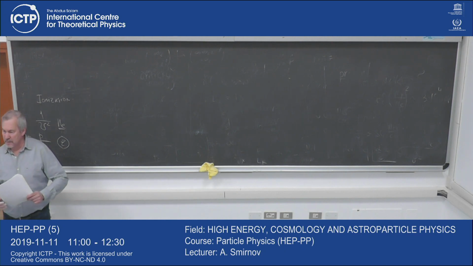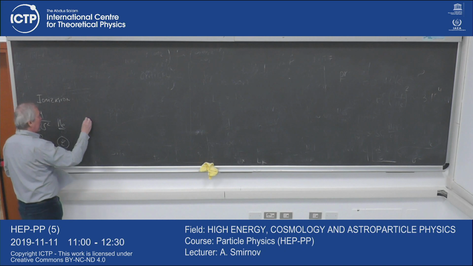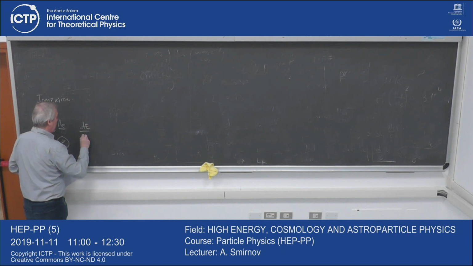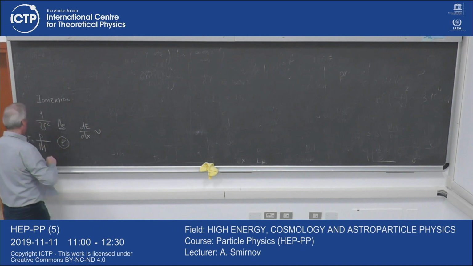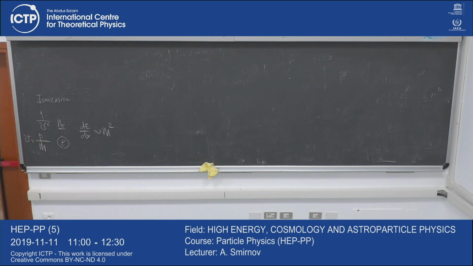Probably they're talking about air when they say that they have a shorter range than beta particles. So if you take helium, then velocity for the same energy will be smaller than for proton. So dE over dx will be proportional to the mass squared, because it's inversely proportional to velocity squared.